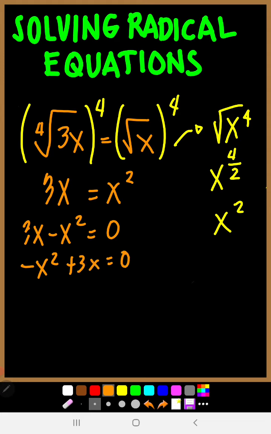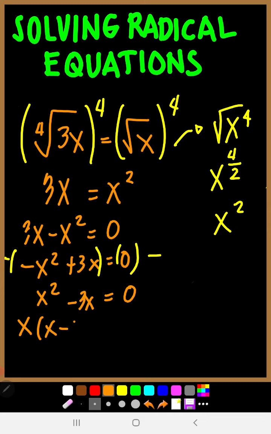So, we have a negative, tanggalin natin siya para hindi mahirap mag-factor. We multiply both sides by negative. So, this becomes x squared minus 3x equals 0. So, again, we just factor. Ang factor niyan is x times x minus 3 equals 0.